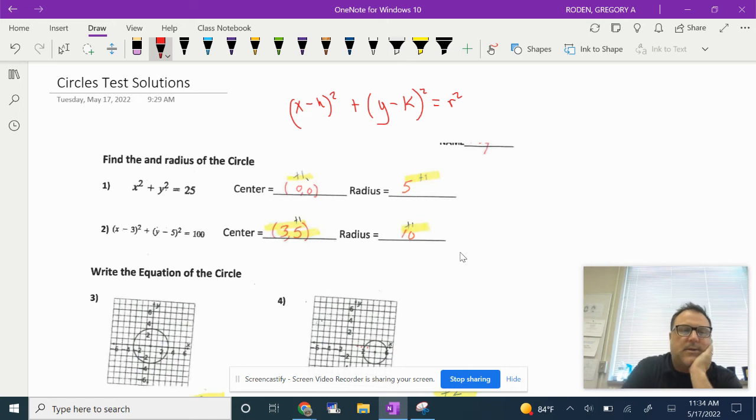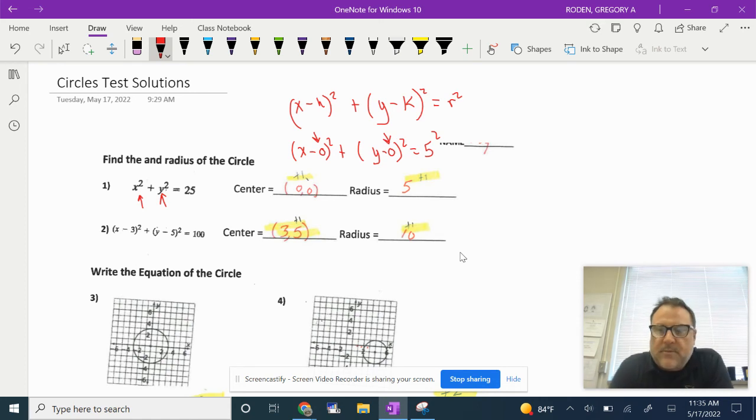So in this case, you notice we really don't have a number that you're subtracting from x or y. So really you're just having zeros, right? You could rewrite this problem as x minus 0 squared plus y minus 0 squared equals 5 squared, which is 25. So in this case, your center is at 0, 0, and your radius is 5.